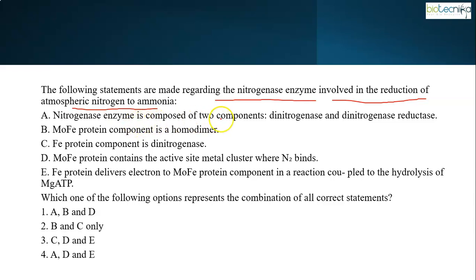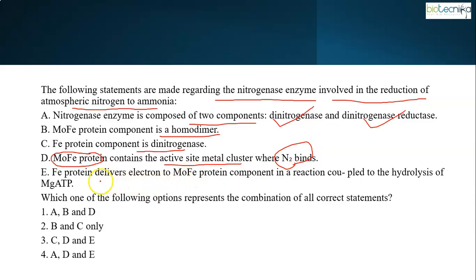Statement A: Nitrogenase enzyme is composed of two components, dinitrogenase and dinitrogenase reductase. Molybdenum iron protein component is a homodimer. Iron protein component is dinitrogenase. Molybdenum iron protein contains the active site metal cluster where the nitrogen binds.